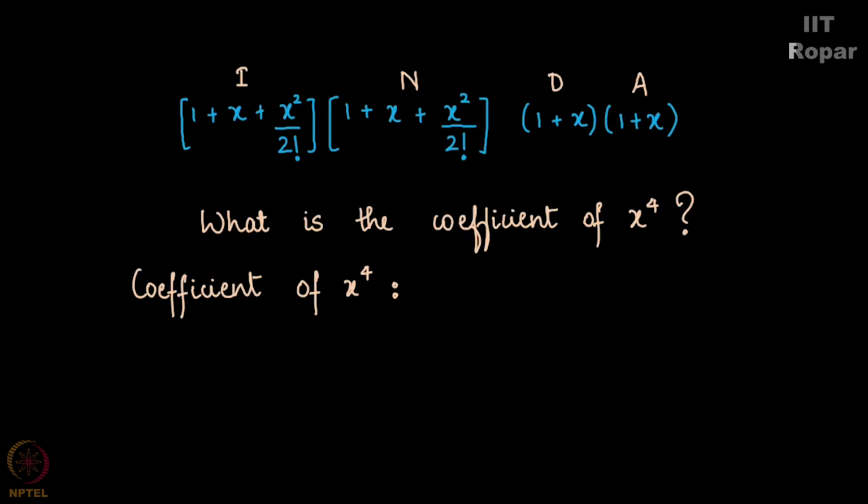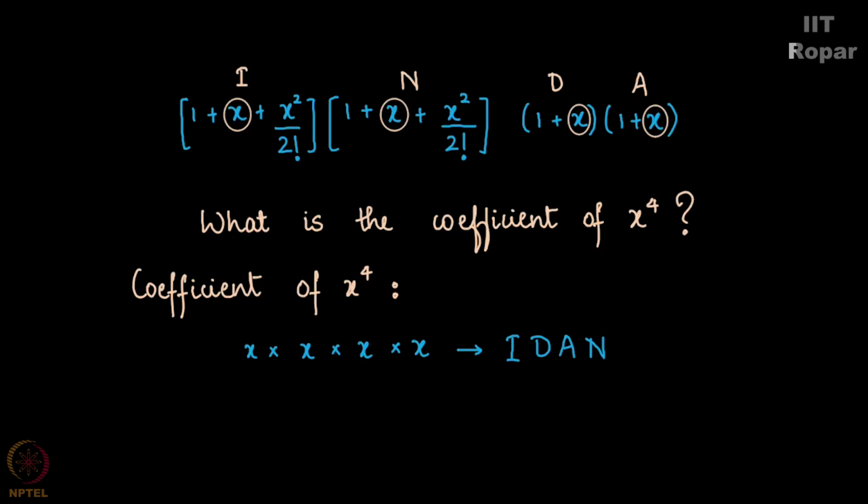And now, how do I get x to the 4 here? By picking x in all 4. Okay, this corresponds to, the first one is the house of I, the second one is the house of N, the third one is the house of D, the fourth one is the house of A. This corresponds to, if you pick x here, very similar to the partitions generating function that we discussed.